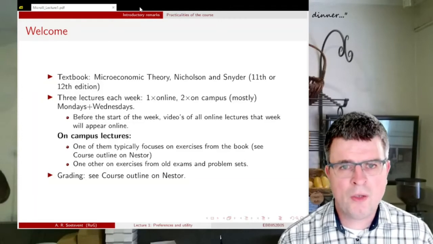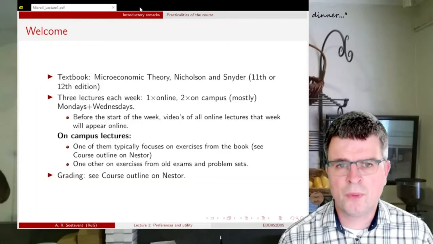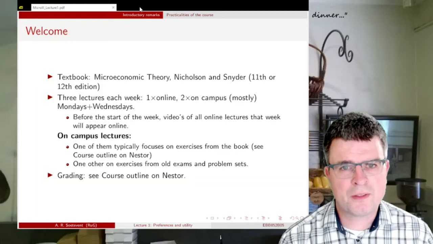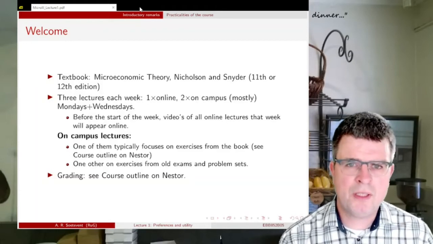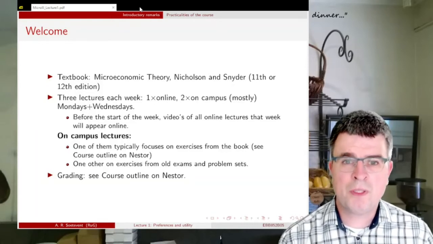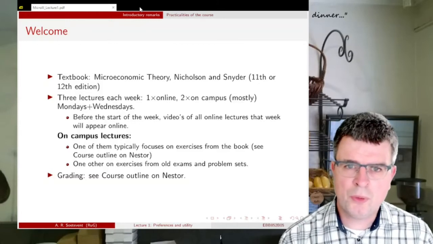And in the other on-campus lectures we will not do exercises from the book, but we will go through exercises that originate from old problem sets or old exams. So you will get ample opportunity to practice in this course, which also hopefully will help you to pass the course. Now, what do you need to do in order to pass?